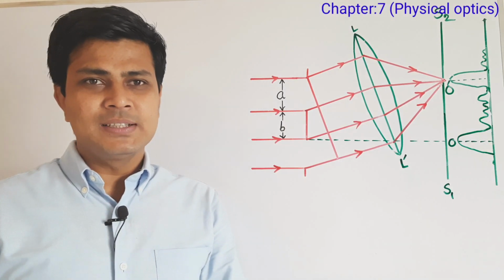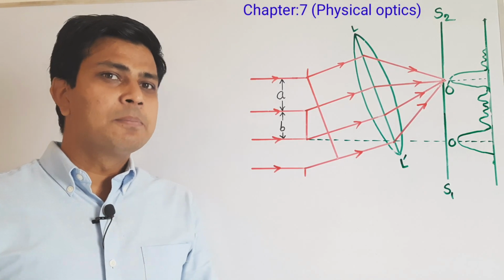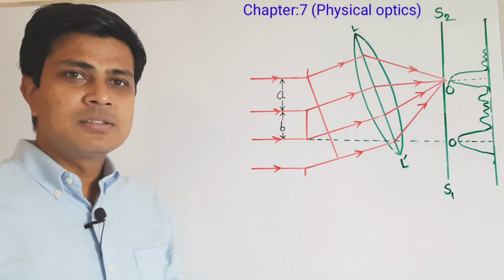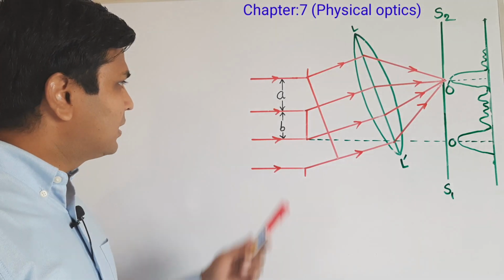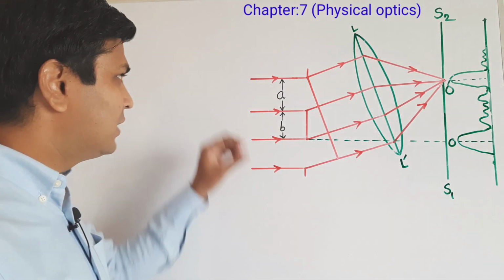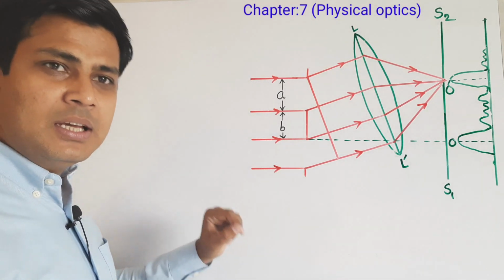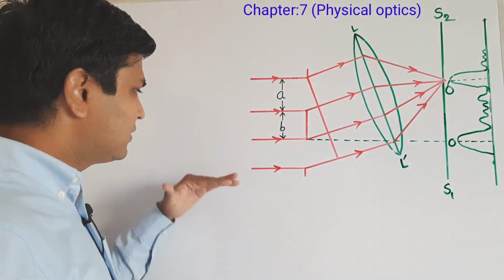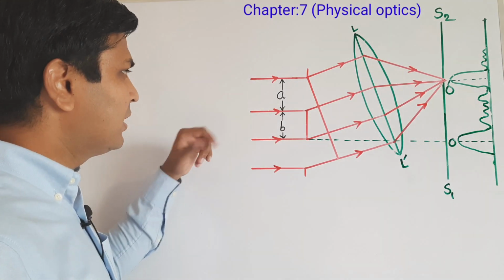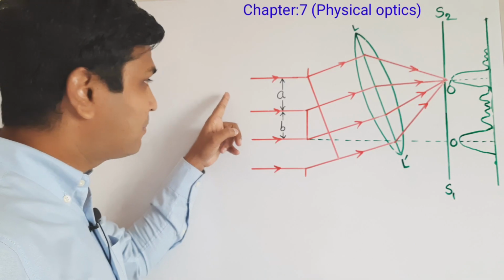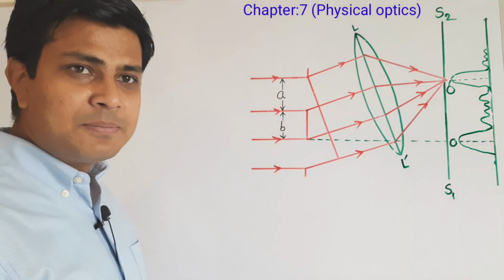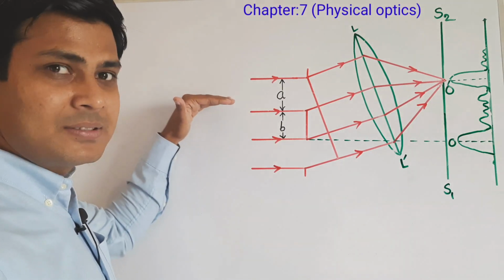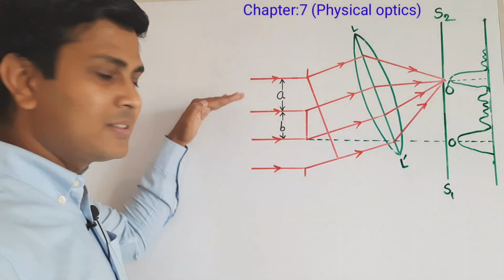Now I am going to discuss the diffraction by the plane transmission grating. In the figure you can see this is the transmission grating. Here A is the width of the slit and B is the width of the line. When light travels through the grating, light can pass through the slits, but light cannot pass through the lines. When light passes through the slits, it bends.